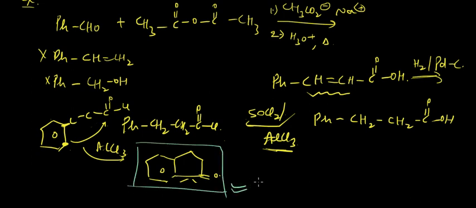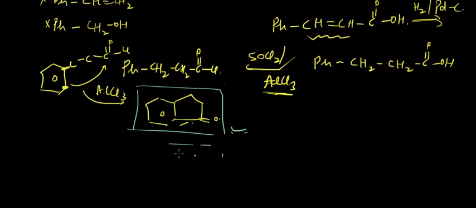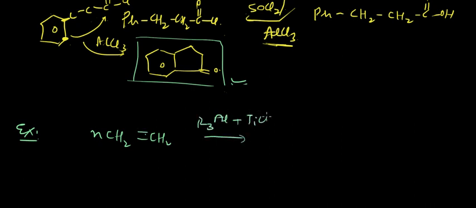Okay, next let us see some more examples. So we mentioned the Ziegler-Natta reagent, so we'll be seeing reactions on the same. First let us see what happens when CH2 double bond CH2 is passed on Ziegler-Natta reagent, which is R3Al plus TiCl4.